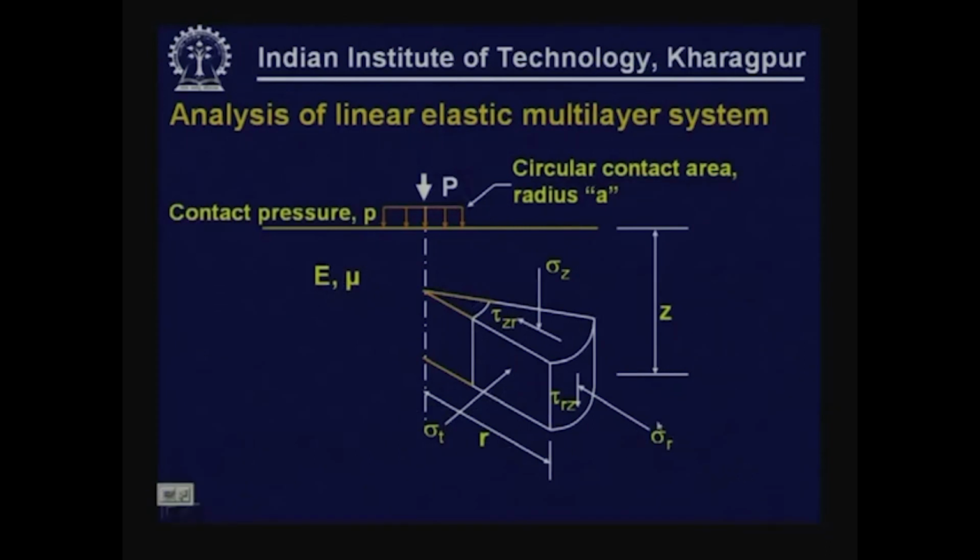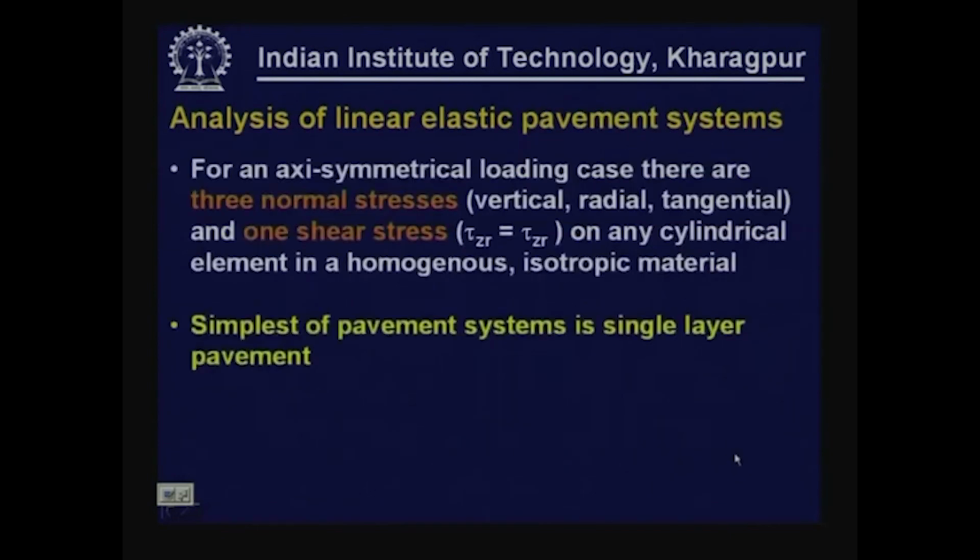Normally these are the stresses that we will have to analyze. For an axisymmetric case, as we just saw, there are three normal stresses, vertical, radial and tangential, and one shear stress on any cylindrical element in a homogeneous isotropic material.